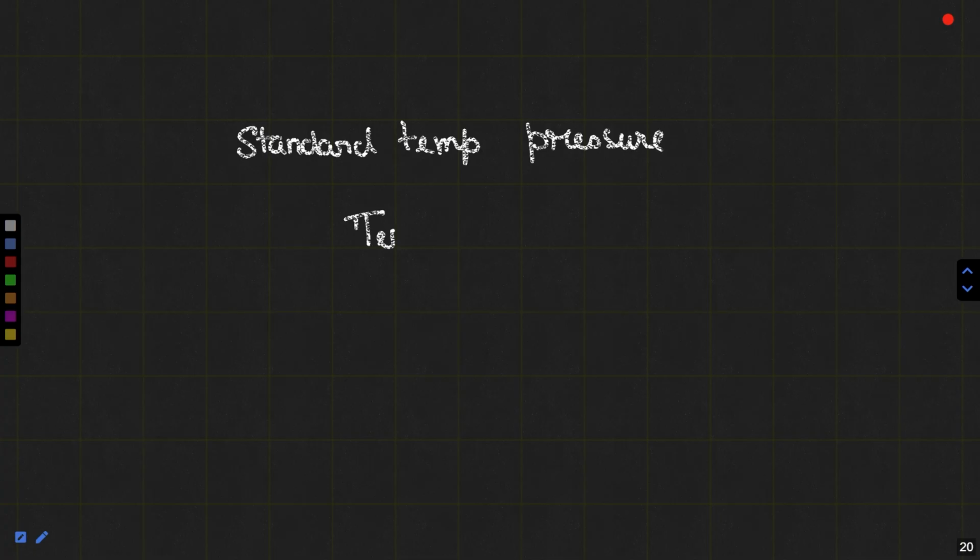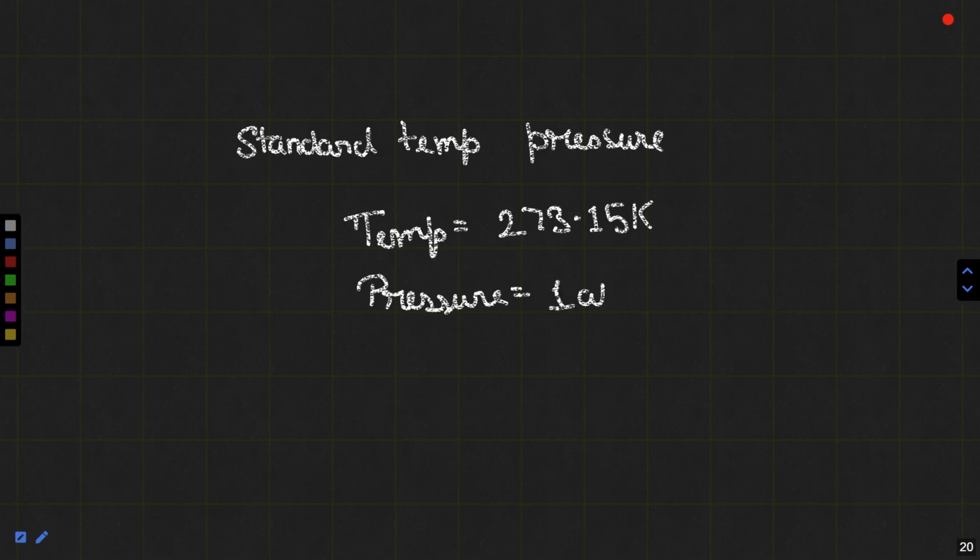At this standard, you take temperature as 273.15 Kelvin. So this is just a case of standard temperature and pressure where you are fixing your temperature as well as the pressure. So pressure will be 1 atm. So these two things are already fixed. Got it?